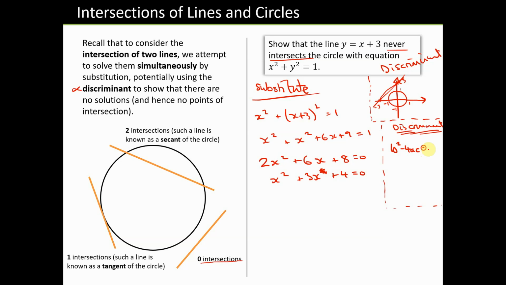If that is greater than 0, then we have two values, or two solutions I should say. If b squared minus 4ac equals 0, then we've got one solution, and then the one we're after, if this is less than 0, then we have no solutions.